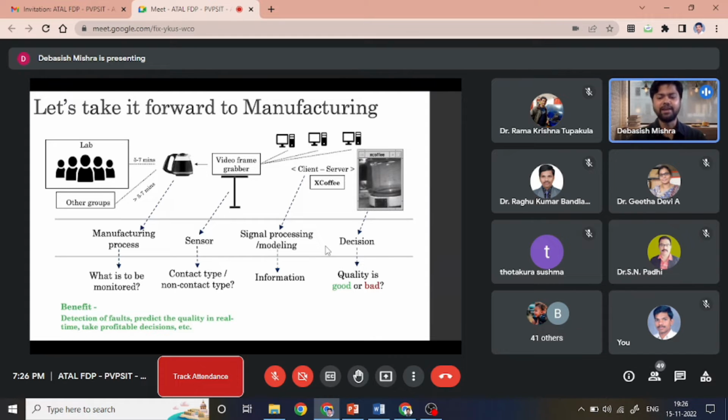So taking this entire scenario, the video frame grabber and the small computers that were processing the information were all small because they were smaller computing devices. They were not exactly computing anything, but it was just a client server program which was collecting the data and showing it in other applications.